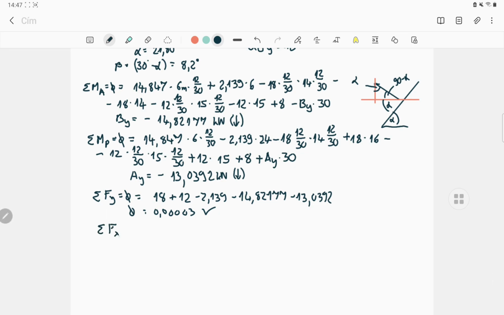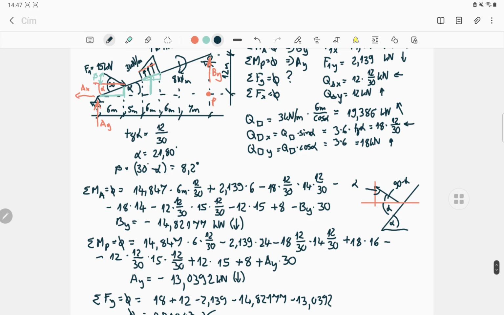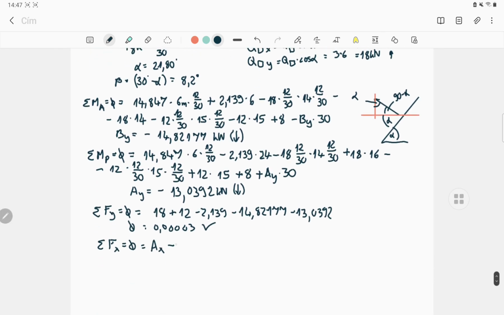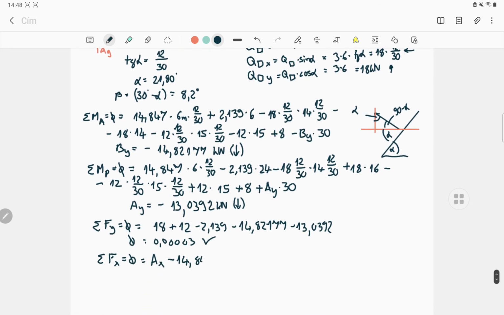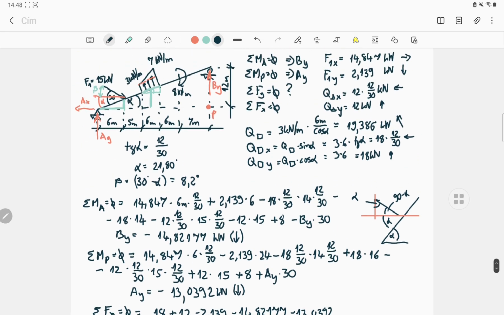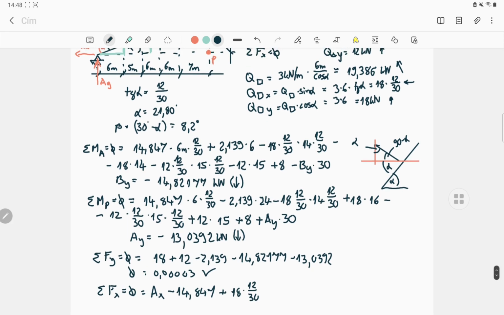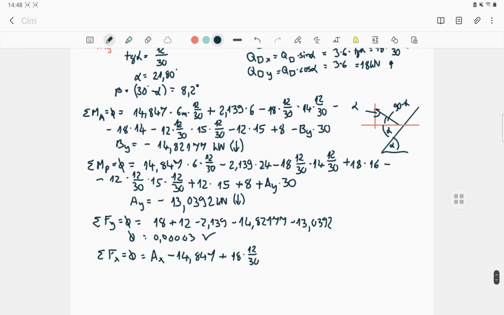Okay, the last is the summation of Fx to find the AX. So we will write everything that is parallel with the x. We have an AX, we have an opposite, where is F1x, so minus 14.847. And we have positive 18 times 12 over 30. This is the rectangular x, and we need the triangle x.